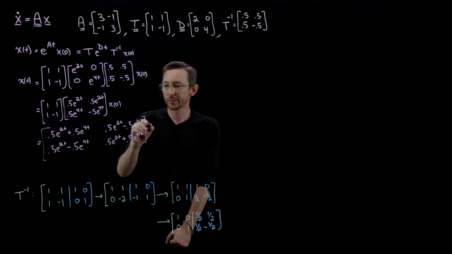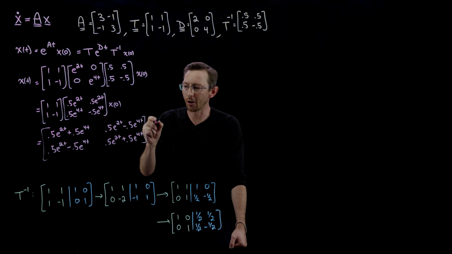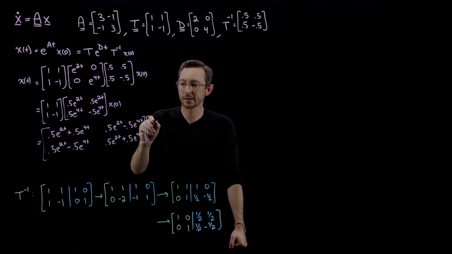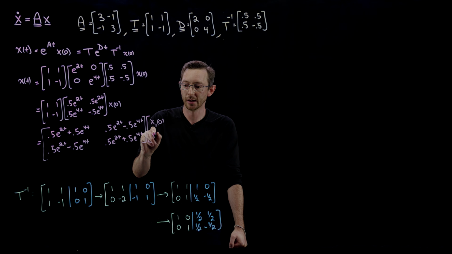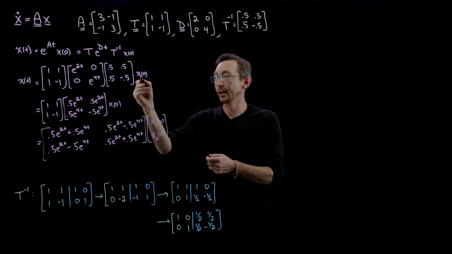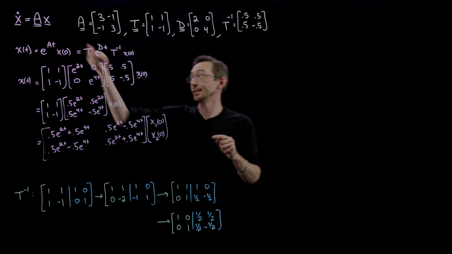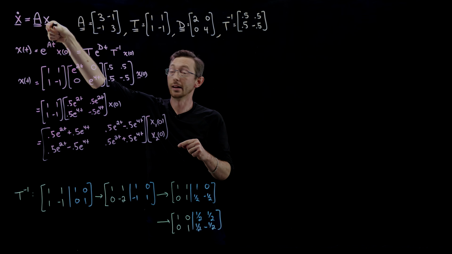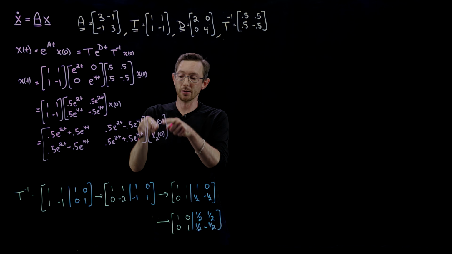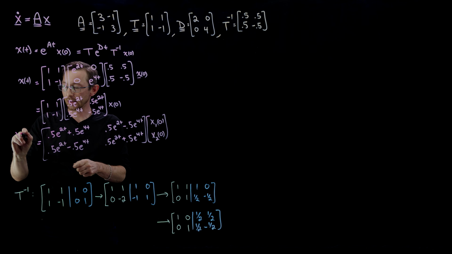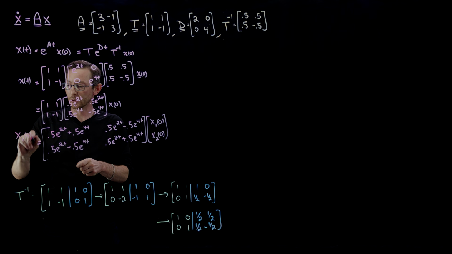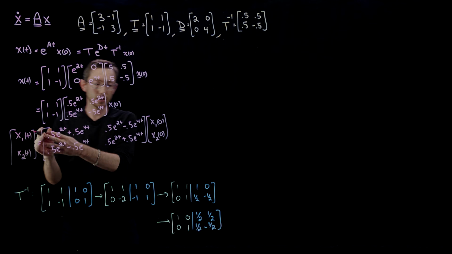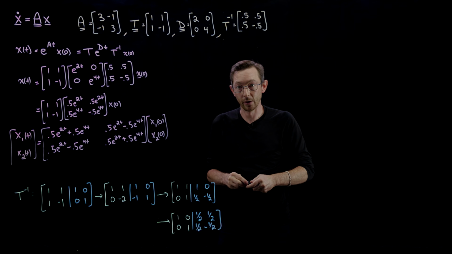All of that times, and now I'll actually write this out as a vector, x1 initial condition and x2 initial condition. So my initial condition vector has two components because this is a system of x1 and x2. And so we can write that x1 at a future time and x2 at a future time are equal to this system of equations.